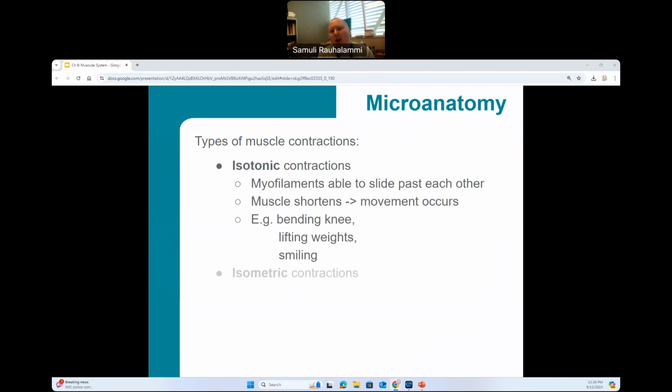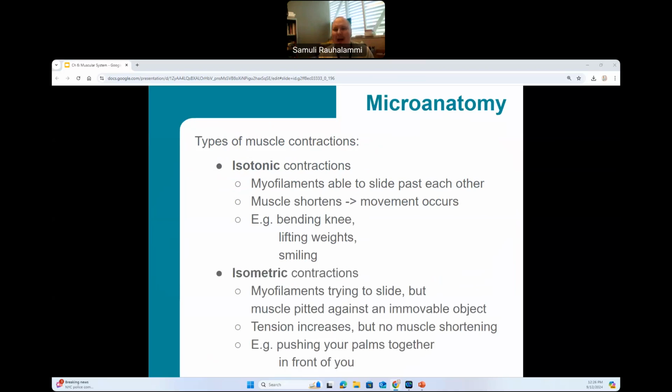In isotonic contraction, the myofilaments are able to slide past each other during the contraction, and as they slide past each other, the muscle is shortening and the movement really takes place. We can see many examples of this. This is how we see a lot of those large movements, like knee bending. We do this, for example, when we lift weights or even when smiling. So that's a familiar one for us.